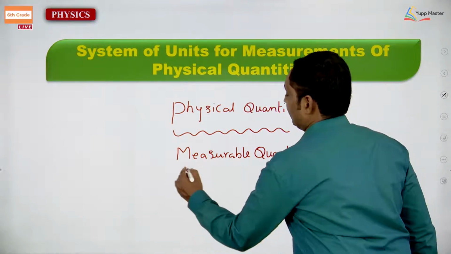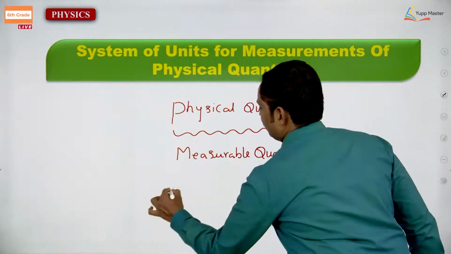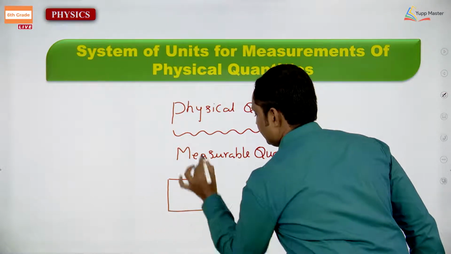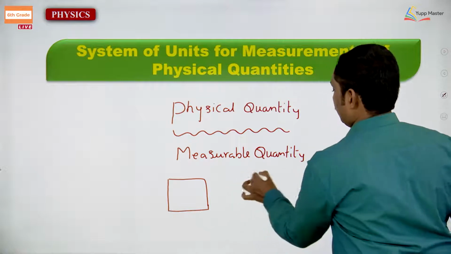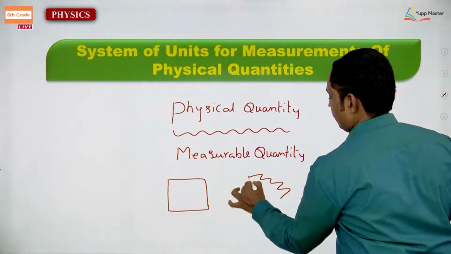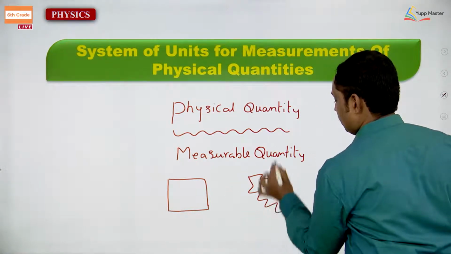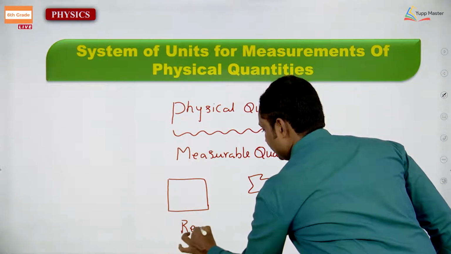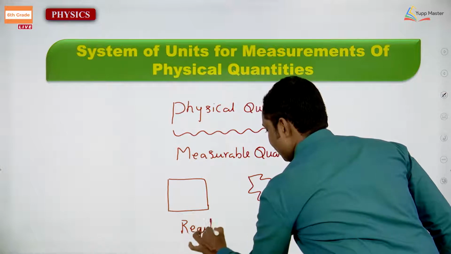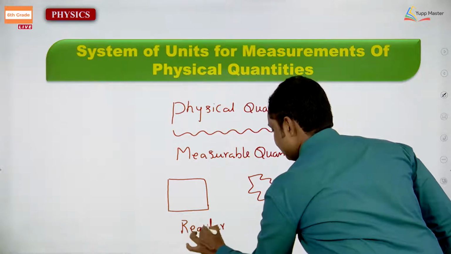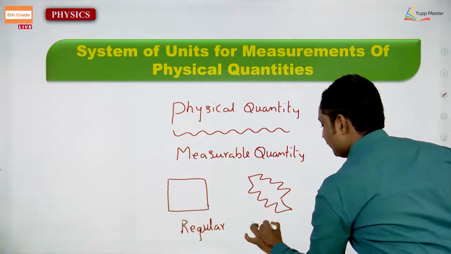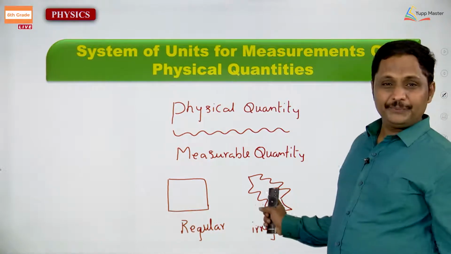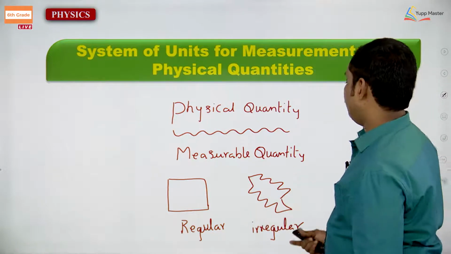Suppose this is one object. This is regular. This is irregular. Can you measure this one? Is it possible with your efforts?